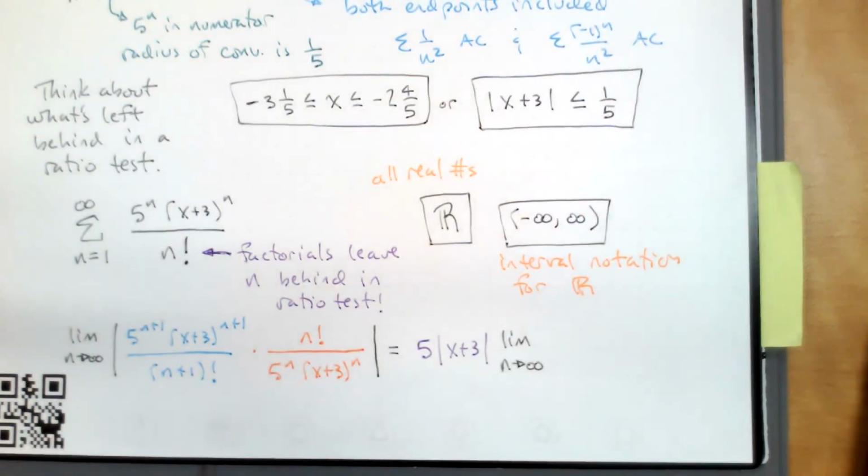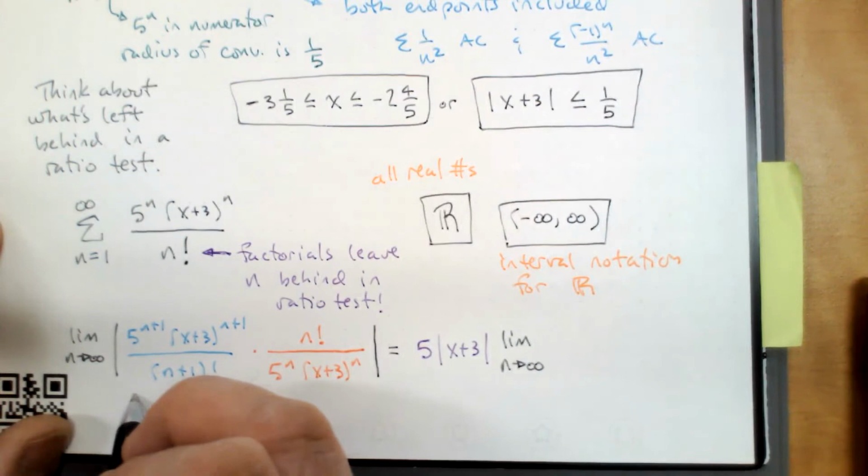When we simplify n factorial over n plus 1 factorial, we write the bigger factorial until we get to the smaller factorial, and then the smaller factorial cancels out.